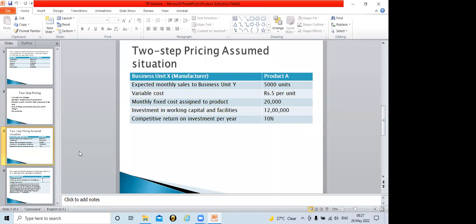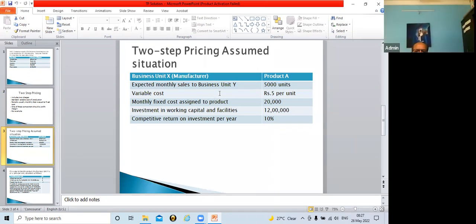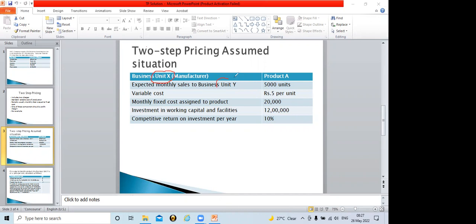Yes, sir. Hello. Now here, this is the given data. What are we supposed to calculate? How many units are there? 5,000 units.